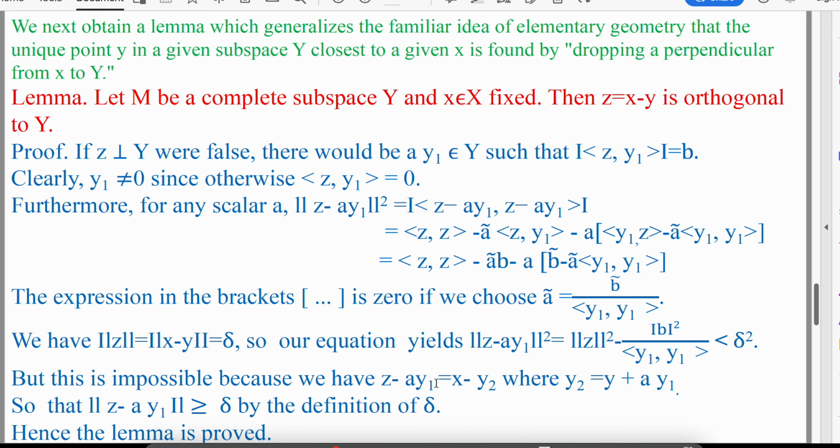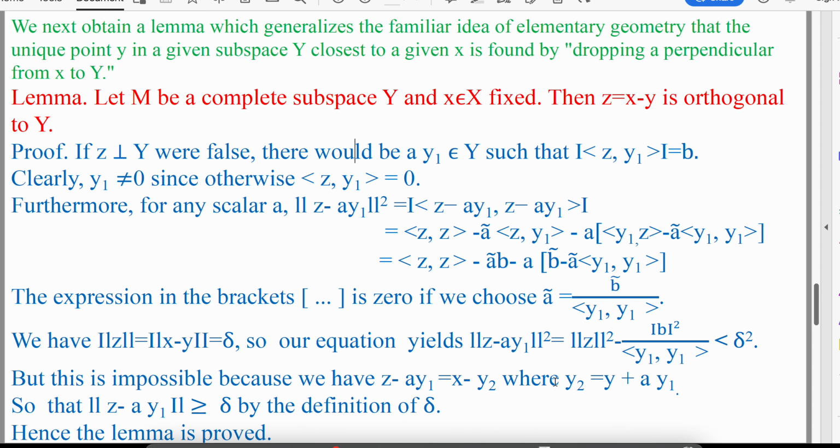In that case, the norm of z minus a y1 will be greater than or equal to delta by the definition of delta, because norm x minus y is equal to delta. So here this part is not possible.